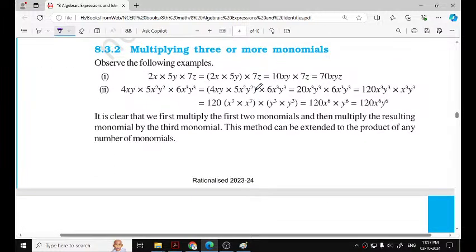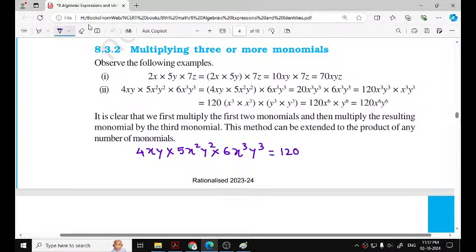Multiplying 3 or more monomials. Let us try to multiply this: 4xy, 5x square y square, and 6x cube y cube. It is a product, so multiplication. Now let us multiply these constants. 4 into 5 is 20, 20 into 6 is 120.